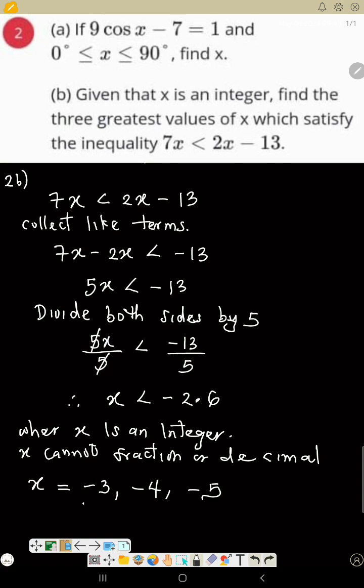So these are the 3 greatest integers. And remember, -2.6 is greater than this. That means -3 is actually less than -2.6, so it satisfies this inequality. So from there now, just write the whole numbers. That means -3, -4, -5 are the 3 greatest values of s that will satisfy this. So we have solved the question.